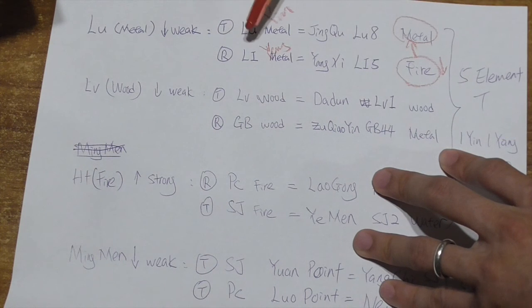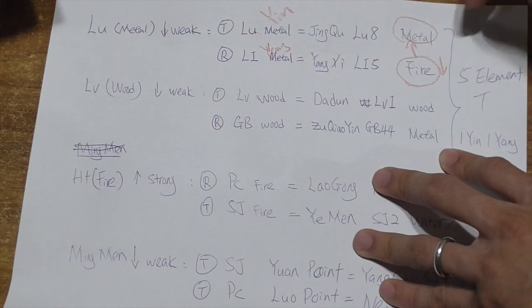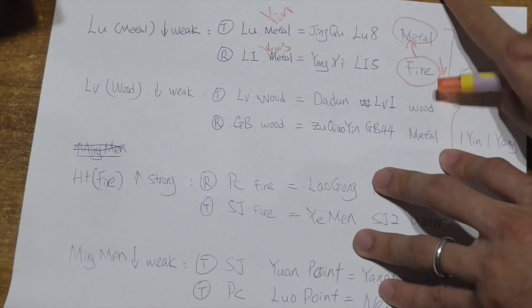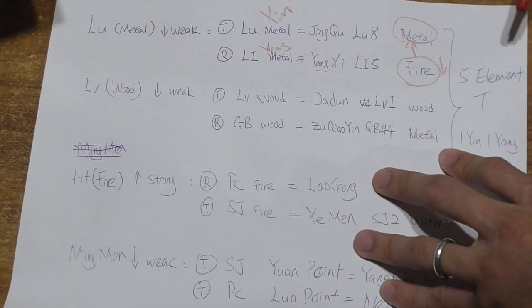So on the large intestine, Yang Xi, large intestine 5, belongs to fire. So we're going to reduce large intestine 5, which means reducing the fire on the yang meridian to help the metal here get stronger.